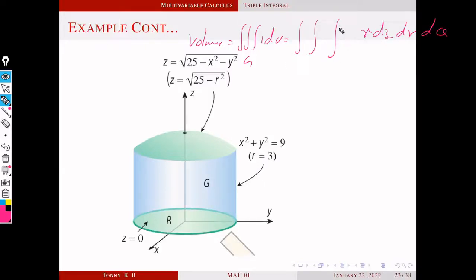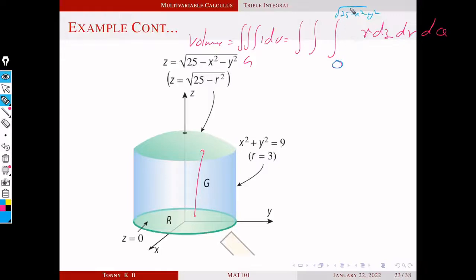So this is the range of z. It is clear that our z starts from the xy plane, up to the sphere. So the lower value of z is 0, and what about the upper value? The upper value is from the sphere, that is square root of 25 minus x square minus y square.